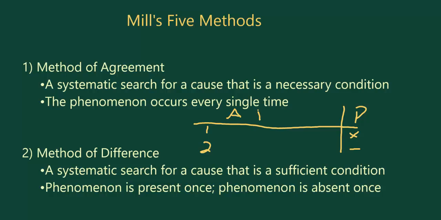And then we'll have our several conditions, so let's say it's A, B, C, and D. The point is, there'll be only one difference between the conditions that we suspect to be a cause of the phenomenon.